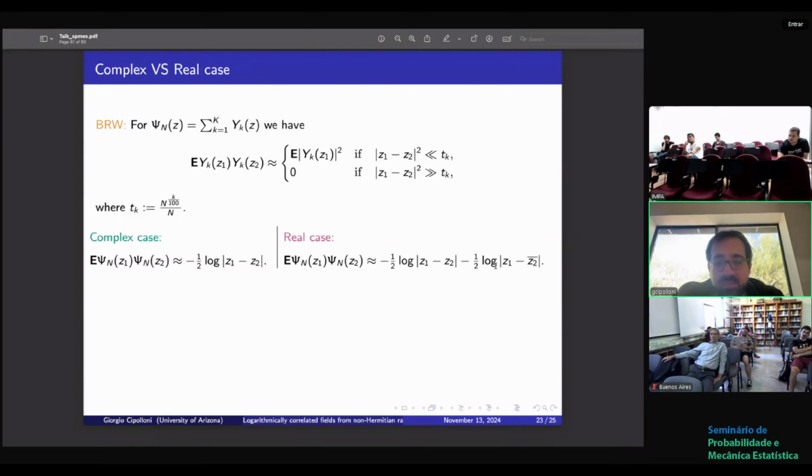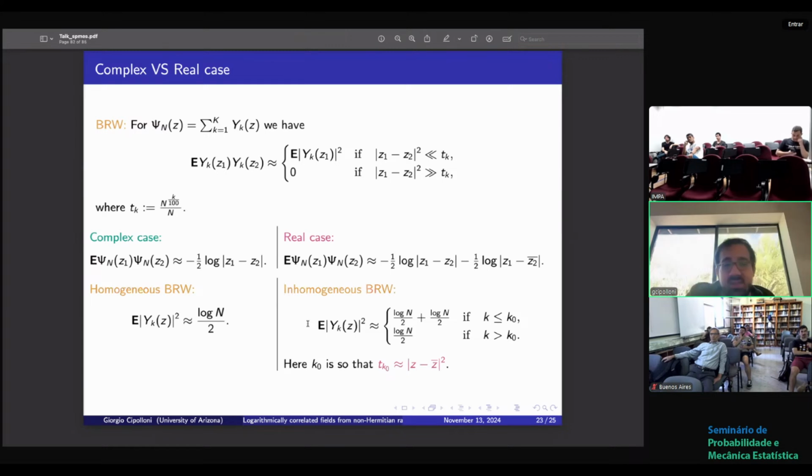And this is a manifestation of the fact that I mentioned a few slides ago, that in the real case the spectrum is symmetric with respect to the real axis. So that's naturally what you would expect: if you expect a correlation between z1 and z2, it's also natural that a term with z2 bar appears because of this symmetry.